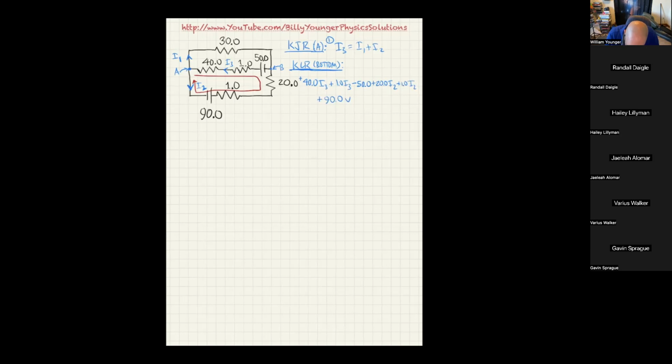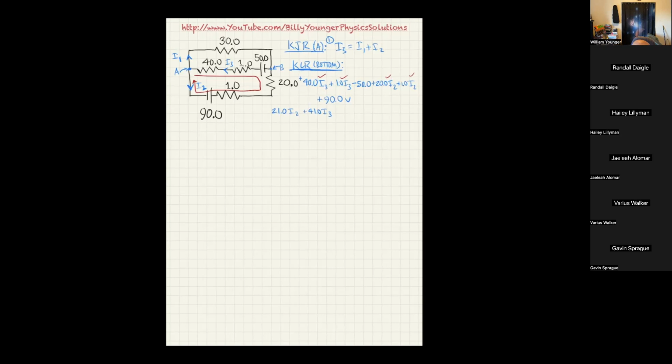So what I'm going to have is 21.0 I2 plus 41.0 I3. That takes care of this one, and this one, and this one, and this one. And so now I've taken care of those terms.